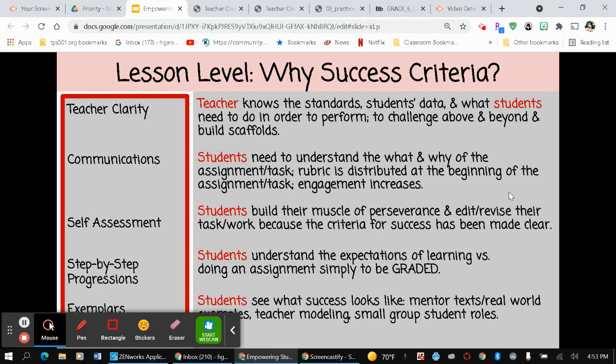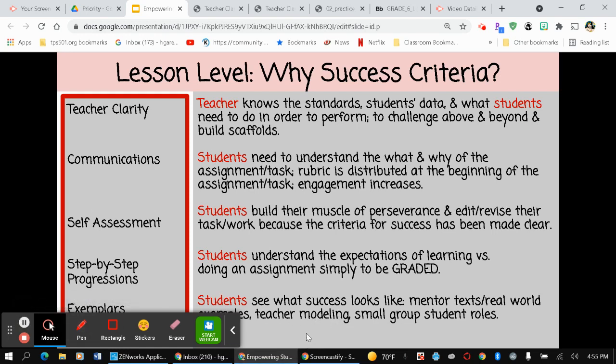Another important point: students can build their muscles of perseverance and revise their task or work because they are motivated now to meet and match that success criteria. Students understand the expectations of learning rather than just doing an assignment to be graded.